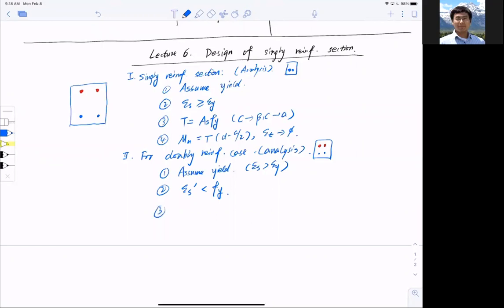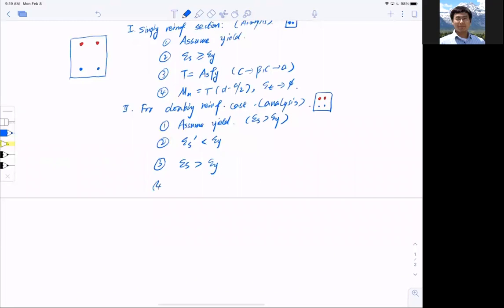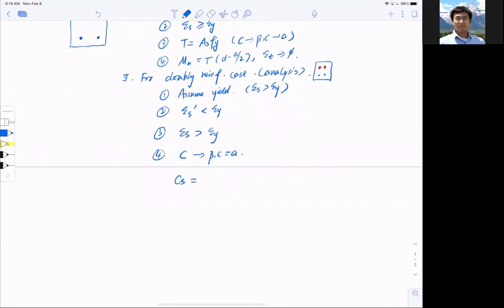Next step, again epsilon s bigger than epsilon y, and then move on to get my compressive zone c by giving beta 1 c, which gives you a, and then use that to get my compression force from the steel, which is As prime fs prime, where fs prime, the compressive stress in the steel, equals Young's modulus of steel multiplied by epsilon s prime.